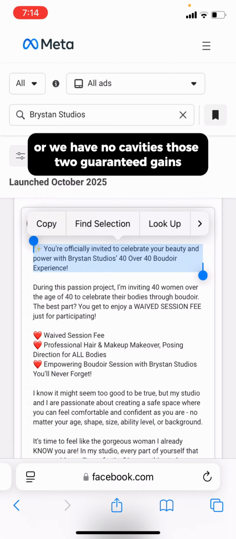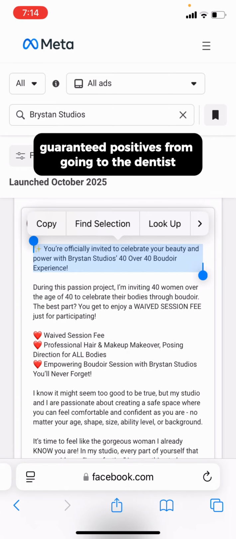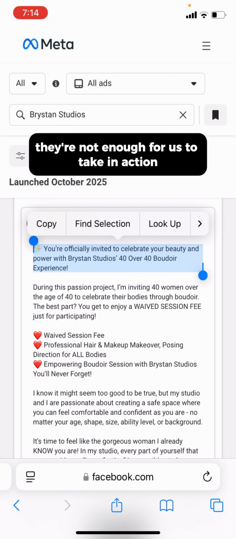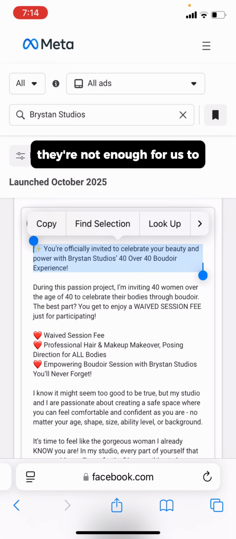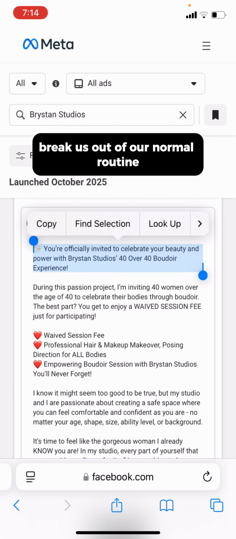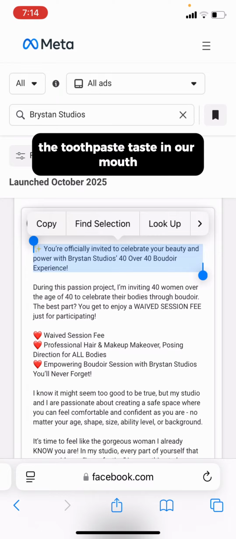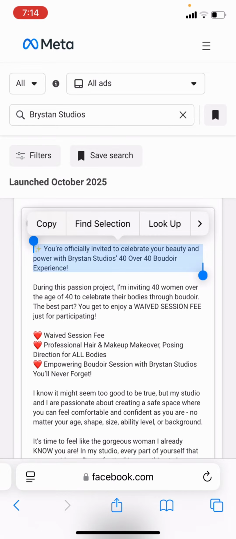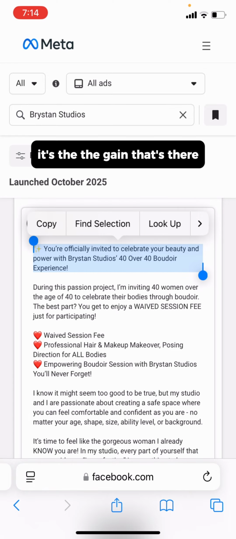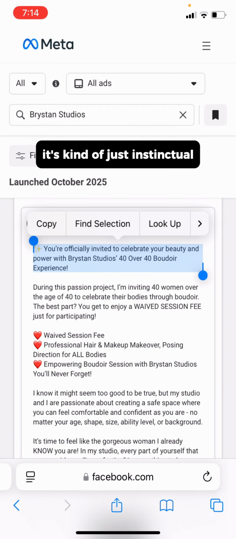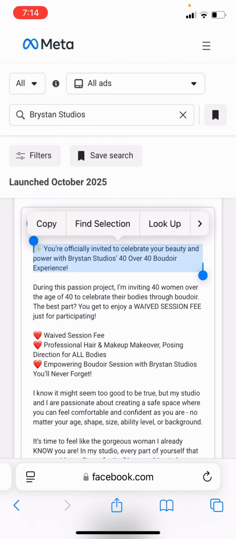Those two guaranteed gains, guaranteed positives from going to the dentist, they're not enough. They're not enough for us to take action. They're not enough to break us out of our normal routine. We like our normal routine. We don't want to have the toothpaste taste in our mouth when we eat breakfast. So the gain that's there is just not enough for us to take action. That's it. And we don't think about it. It's kind of just instinctual.